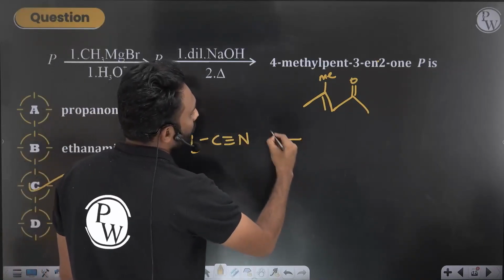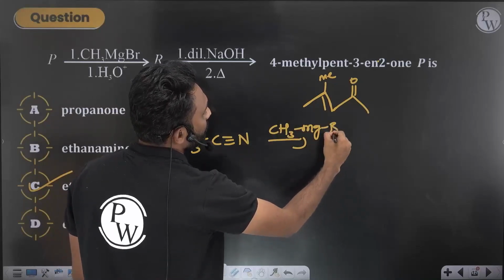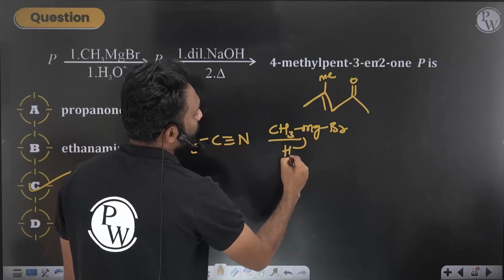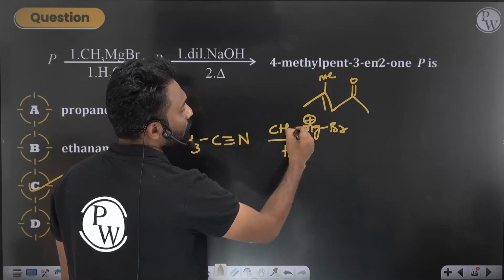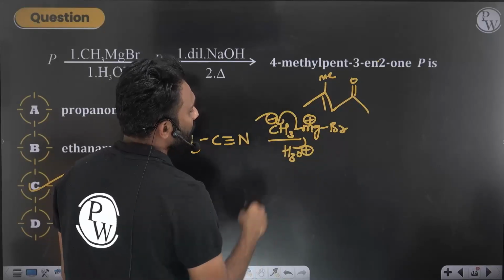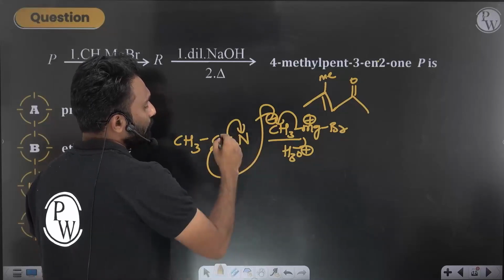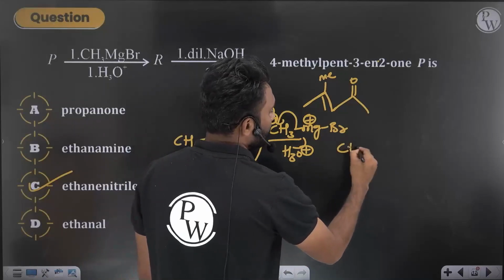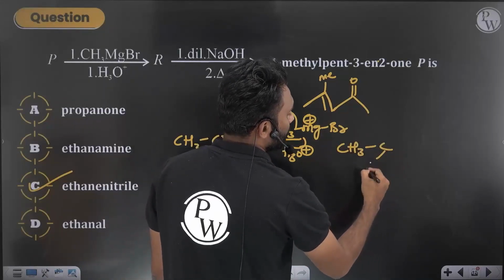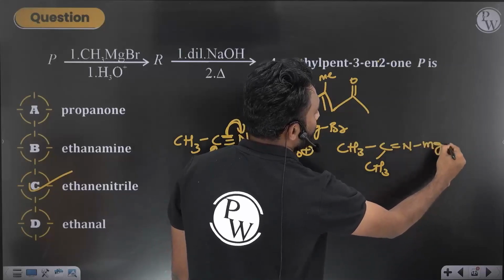Ethane nitrile upon Grignard reagent, then hydrolysis. In the Grignard reagent the metal is electropositive and the R is negative, so R will attack the nitrile carbon. The pi bond shifts toward the nitrogen, and we get CH3-C(R)=N-MgBr.